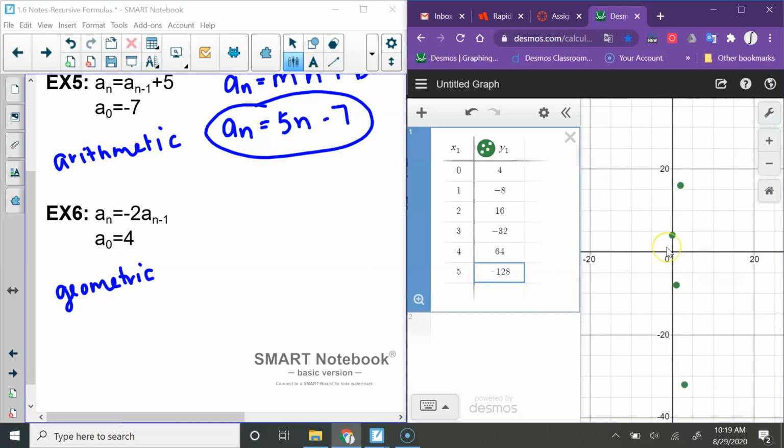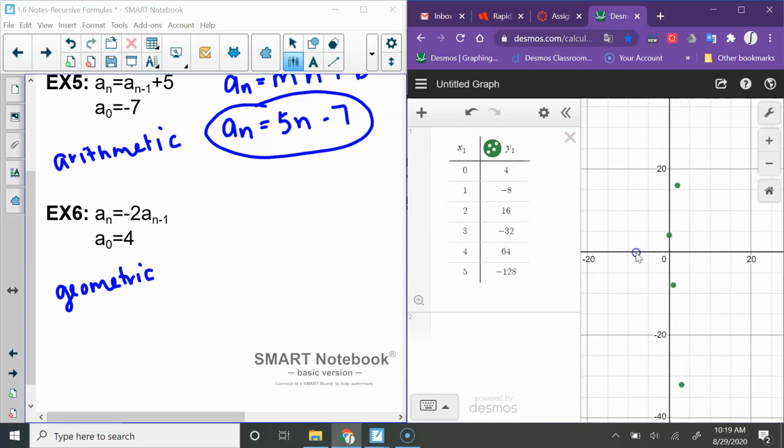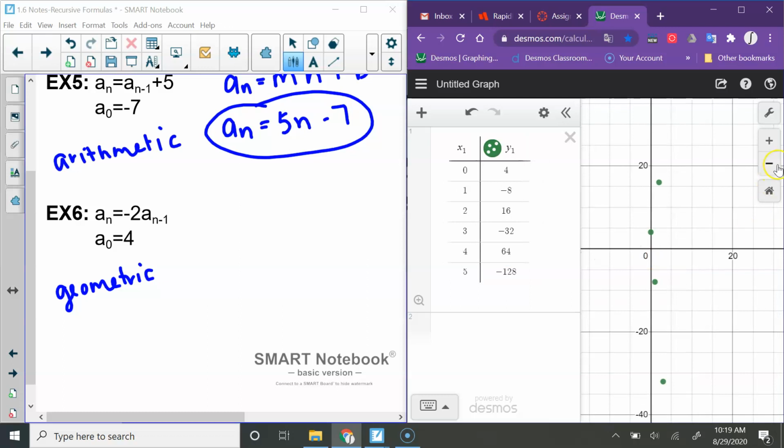All right, so let me zoom way out. This is going to be a crazy graph that we see because we're alternating positive and negative. And this is what happens to an exponential whenever the number that you're raising to a power is negative. So to write this as an exponential, we would write it this way. A sub n equals, our initial value right here is 4.